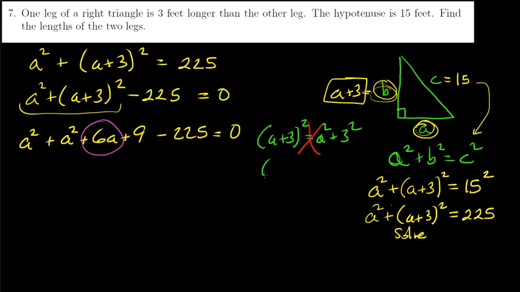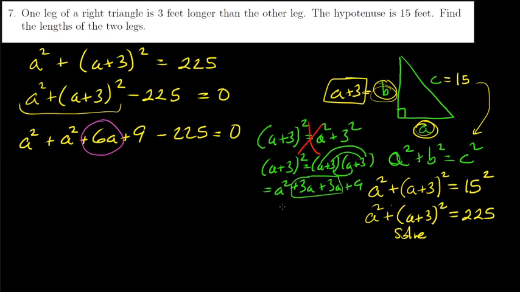Okay, so let's remember what a plus 3 squared means. It means a plus 3 times a plus 3. So you have to FOIL. A times a is a squared. The outside is plus 3a. The inside is plus 3a. And then the last, 3 times 3, is 9. So where did the 6a come from?